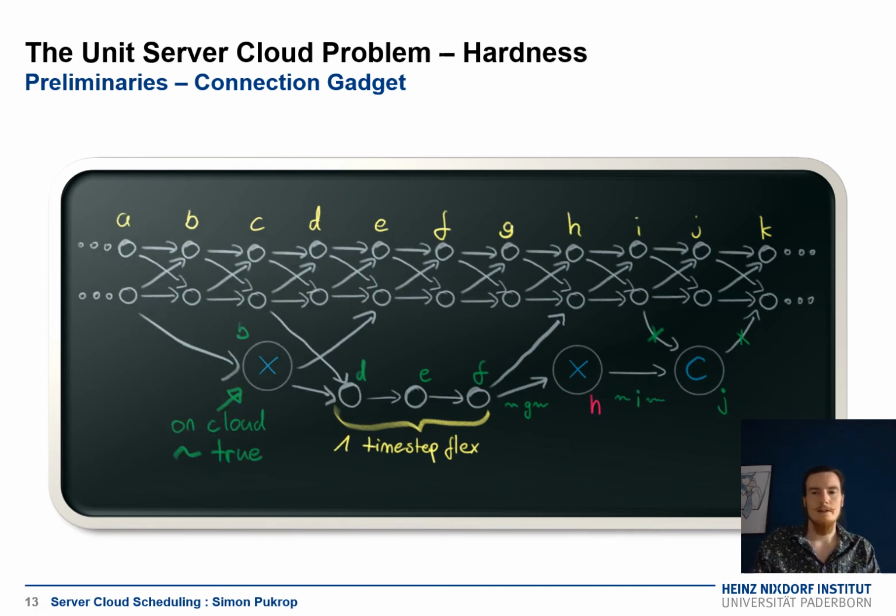Okay, now comes the information on why this does anything. As I said earlier, when we have the variable job and we put it on the cloud, that basically means that it is true. And as I also said, that means that we can finish processing it one time step earlier. And since we could finish processing this one time step earlier, we also can start processing the connection chain one time step earlier.